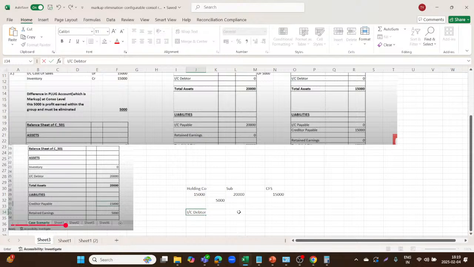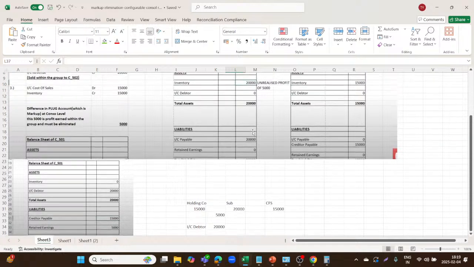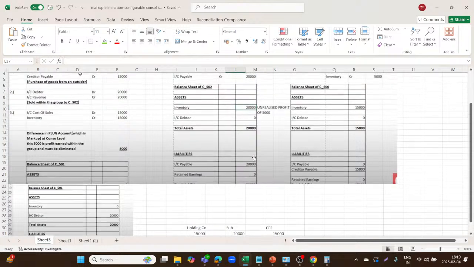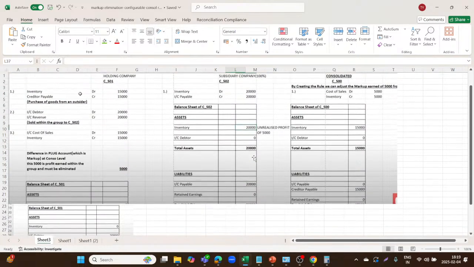But the subsidiary company will say I have intercompany payable of 20,000. So that's what it is showing on the liability side, that is intercompany payable of 20,000 and inventory of 20,000. So no profit, nothing will be coming under retained earnings. So this is what the subsidiary company will be doing.